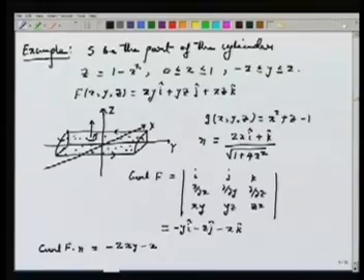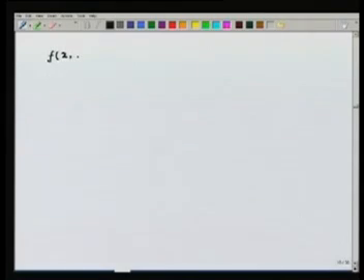Then the next thing we need to calculate is the area of integration on the surface. So what I do is, I look at the surface as f of x, y equals 1 minus x square. In that case, I know the formula for d sigma is square root of 1 plus fx square plus fy square dx dy.